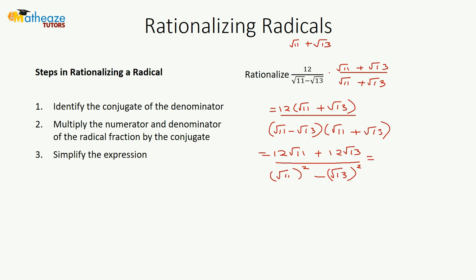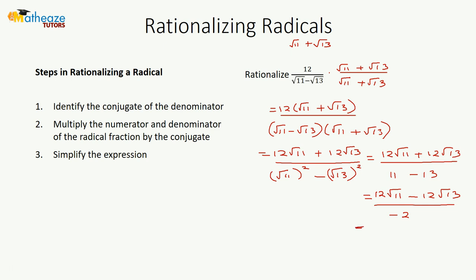Now this is going to give us 12 square root of 11 plus 12 square root of 13 divided by 11 minus 13, which is going to give us 12 square root of 11 minus 12 square root of 13 divided by negative 2.